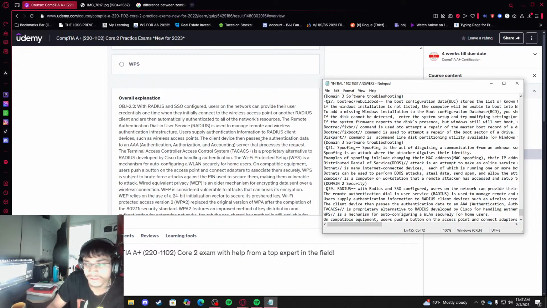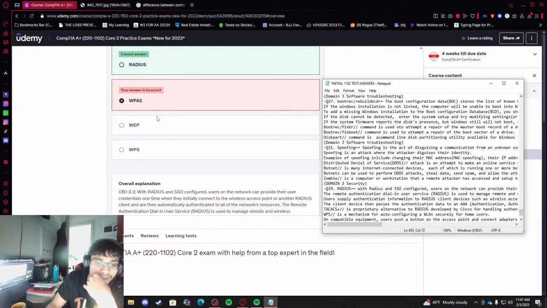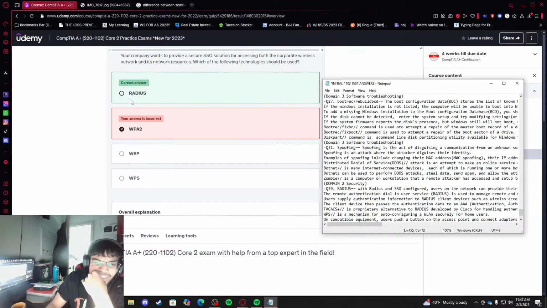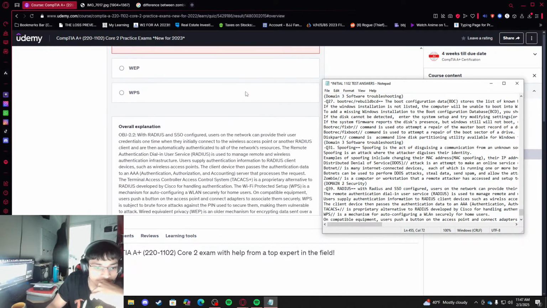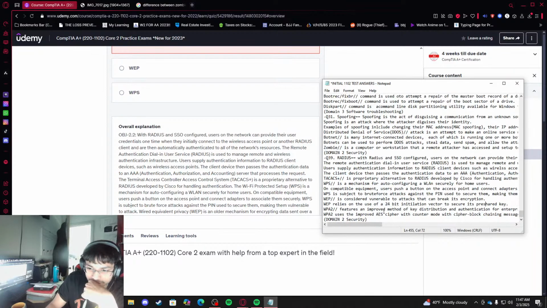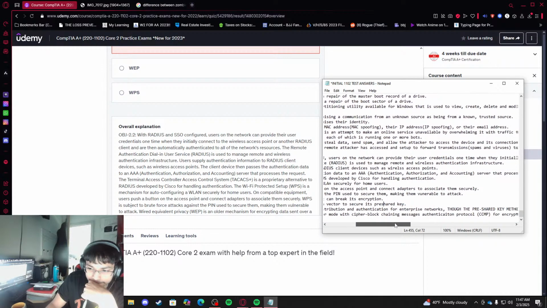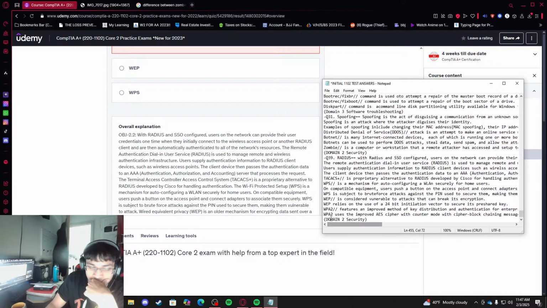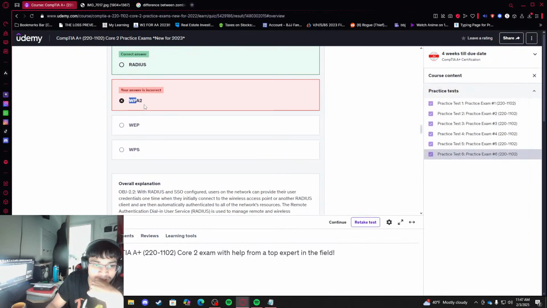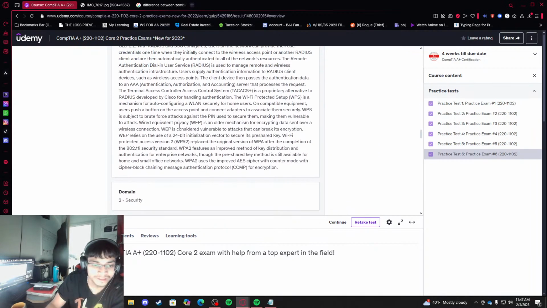So it has a separate server, basically. It's a process. Where is it? WPA2 uses the AES cipher. Okay, so it doesn't have a separate server like Radius. All these don't have separate servers.